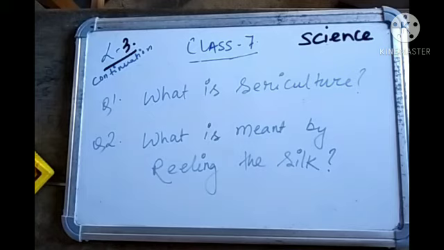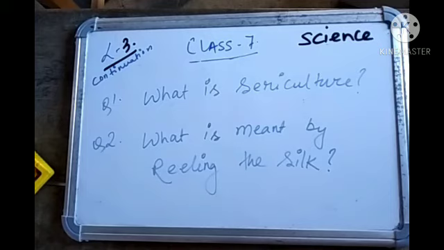We have discussed sericulture, and we have discussed reeling. So the questions are, what is sericulture? What is meant by reeling the silk? You have to find the answers. The answers are also given in your textbook, and we have discussed these two questions in today's lecture also.